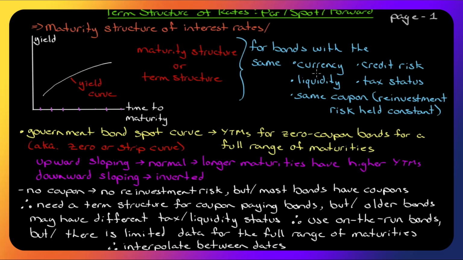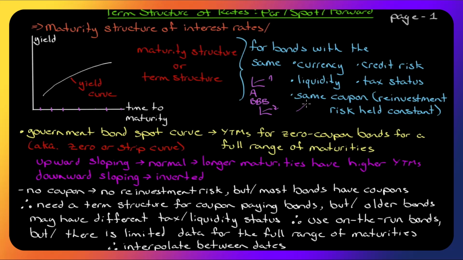So the same currency, the same credit risk. For example, if we're doing corporate bonds and we're looking at bonds with a rating of A versus bonds with a rating of BBB, we would draw out 2 separate yield curves. One representing credit quality A, one representing credit quality BBB. You can't mix them. So same currency, credit risk, liquidity, tax status.